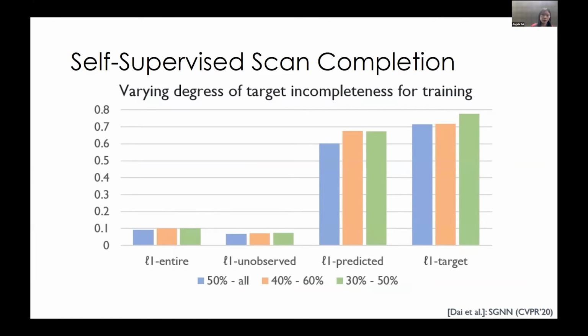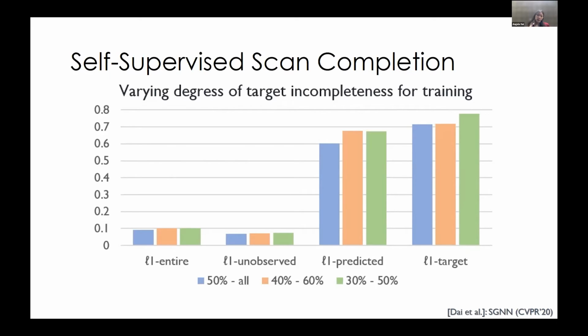And then we can just reduce this down to 40% for input and 60% for target, or 30% for input and 50% for target. And we maintain a fair amount of robustness towards this fairly dramatic decrease in terms of completeness for the train scans that you see in terms of the reconstruction quality. So we can actually leverage this kind of formulation to learn from a fairly incomplete set of scans here.